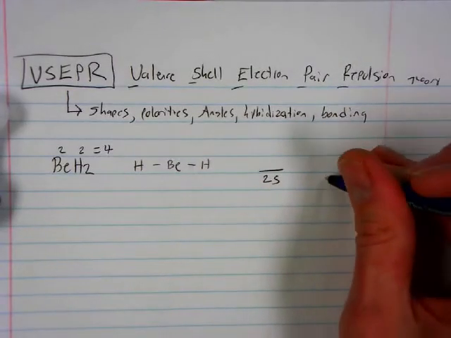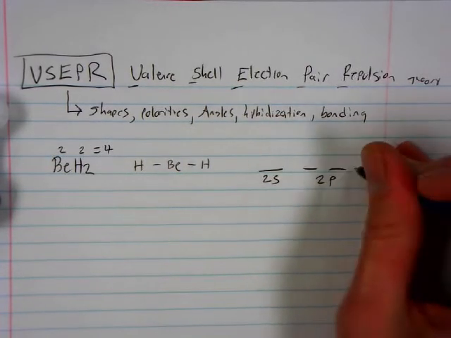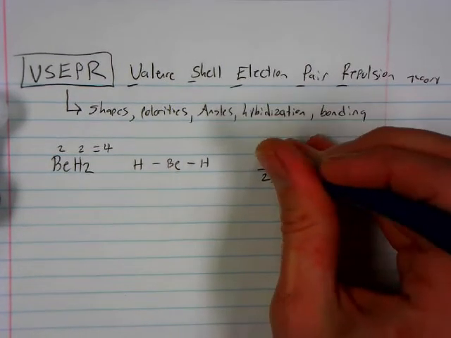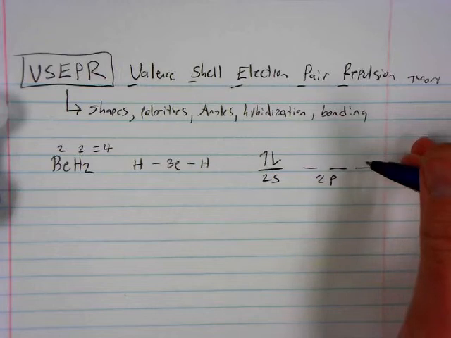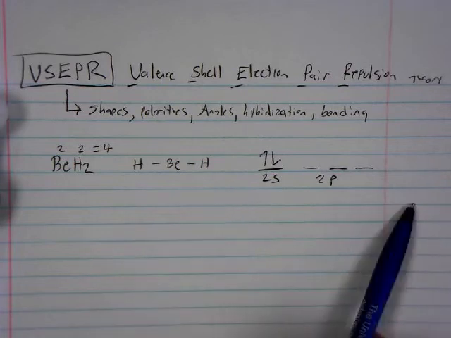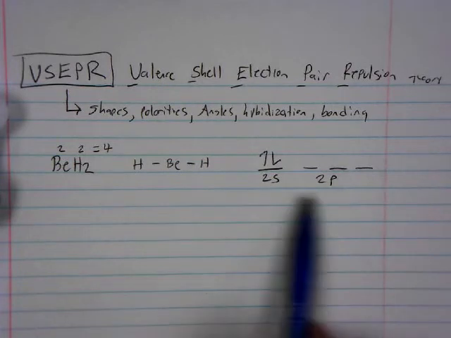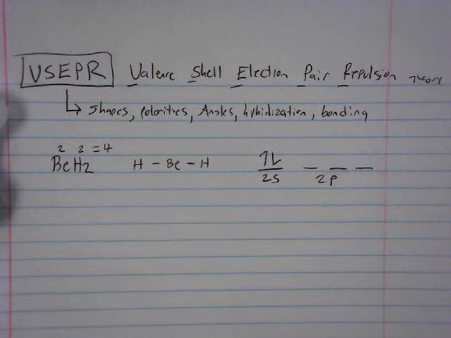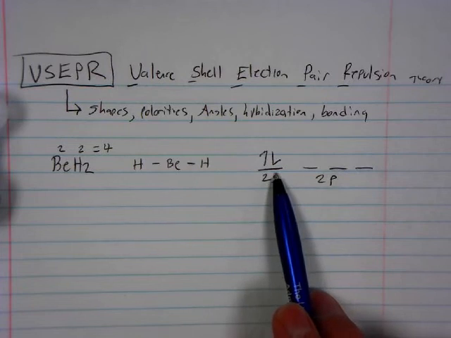So, let's talk about what we were talking about yesterday before we talk about all the shapes. First of all, here's my 2s electrons. Here's my 2p electrons. I have 2 in the 2s, and how many in my 2p? Zero. These will be the outer electrons for beryllium. Agreed?